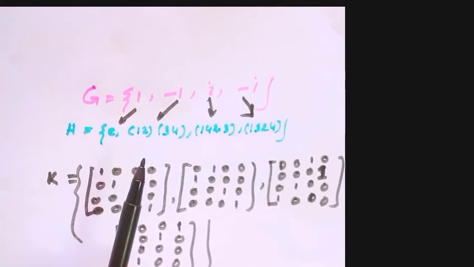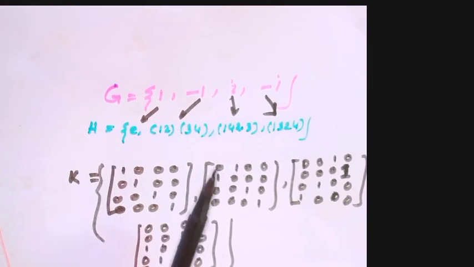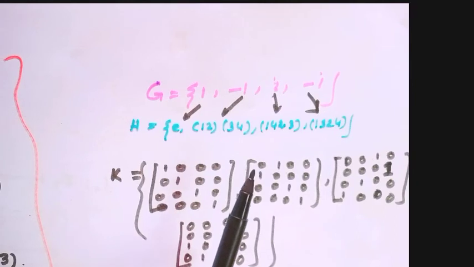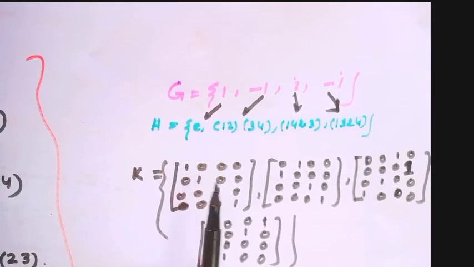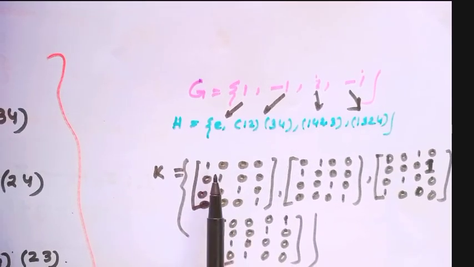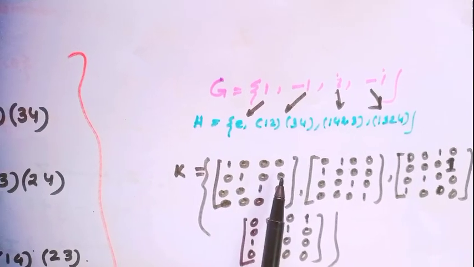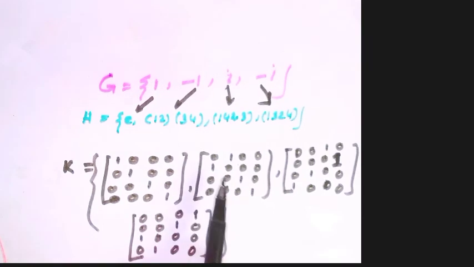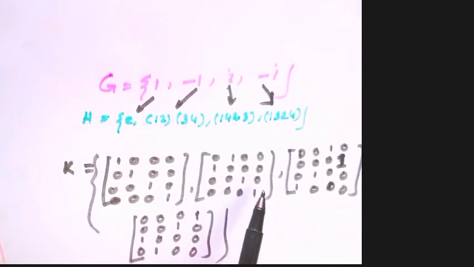And if I represent each cycle by a permutation matrix, then it will be first the 4 cross 4 identity matrix. And the cycle (1, 2, 3, 4) represents the matrix 0, 1, 0, 0, 1, 0, 0, 0, 0, 0, 1, 0, 0, 0, 0, 1.